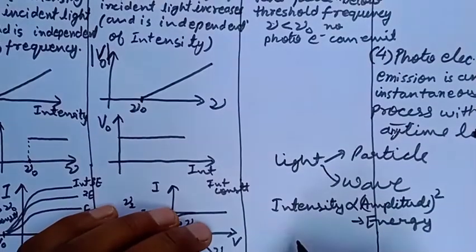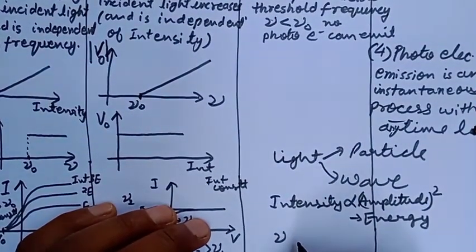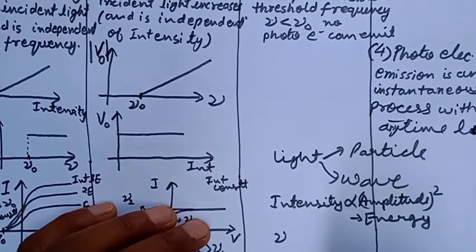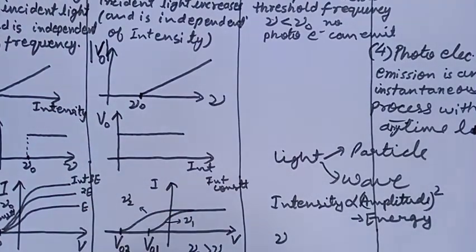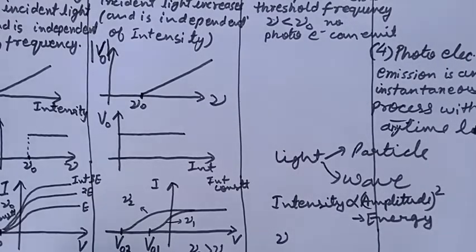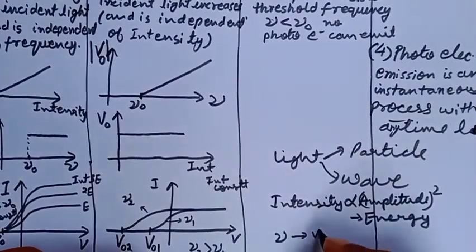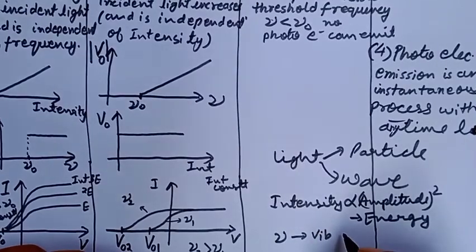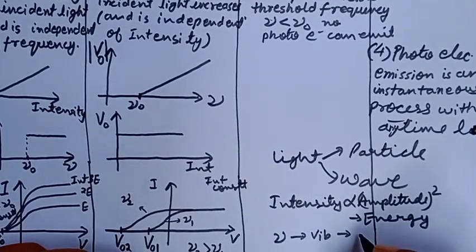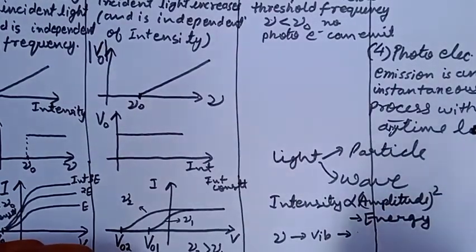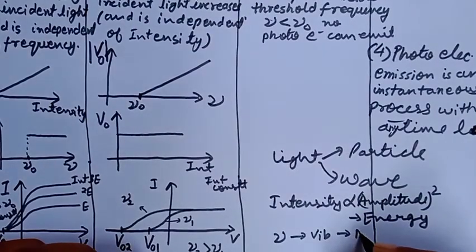And second thing, frequency is a kind of repetition. If there is high frequency, there will be more vibration; if there is less frequency, there are less vibrations. Frequency is related to vibrations, and vibrations are related to the number of vibrating particles. To explain the photoelectric effect, that is related to the number of electrons.